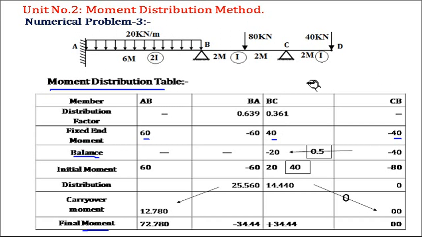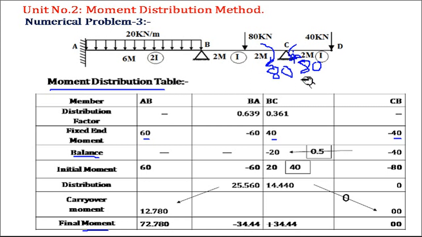The moment due to the point load on the cantilever portion is 40 multiplied by 2, that is 80, acting in anti-clockwise direction. So the moment in member CB should also be equal to 80 and act in clockwise direction, so that this joint C will be in equilibrium.